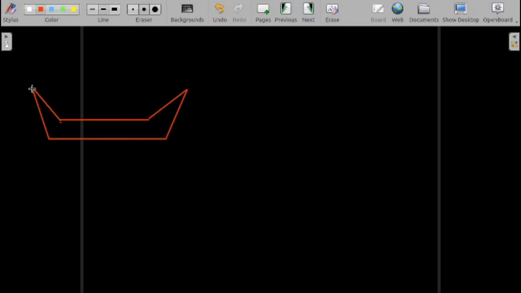For this carbon, this is an axial hydrogen. For this carbon, this is an equatorial hydrogen. For this carbon, this is an equatorial hydrogen, and this is an axial hydrogen.